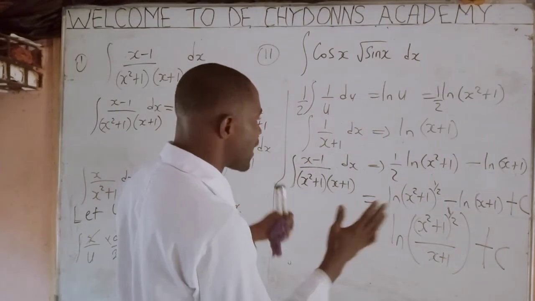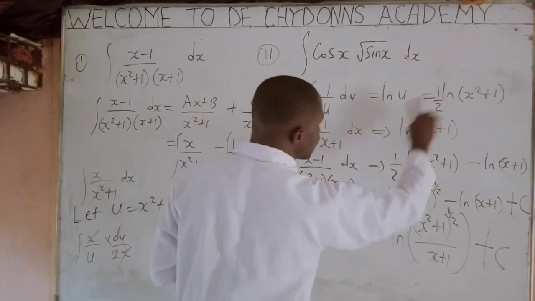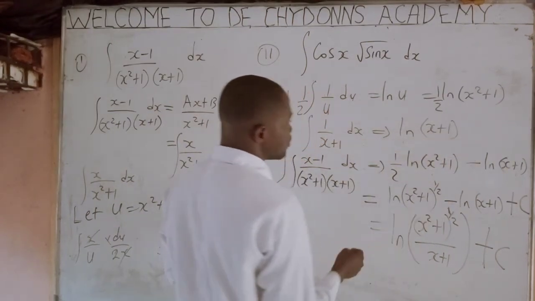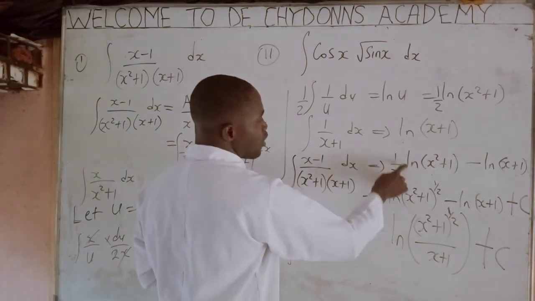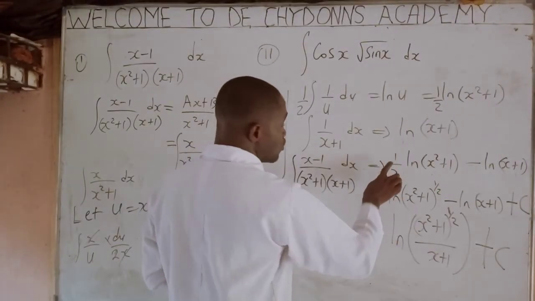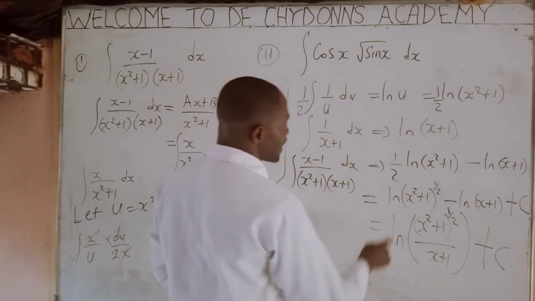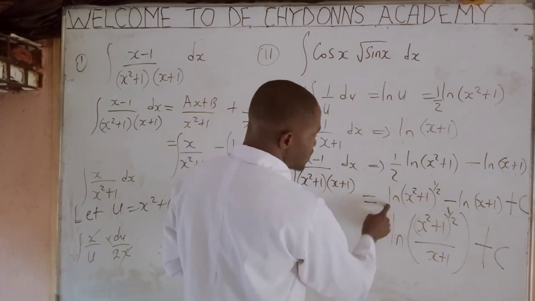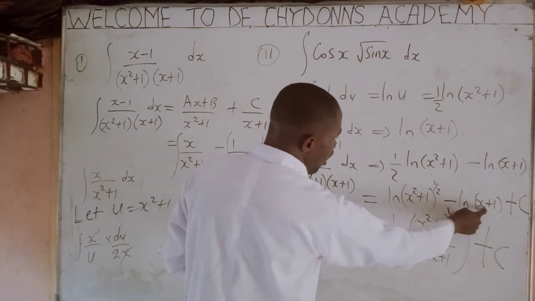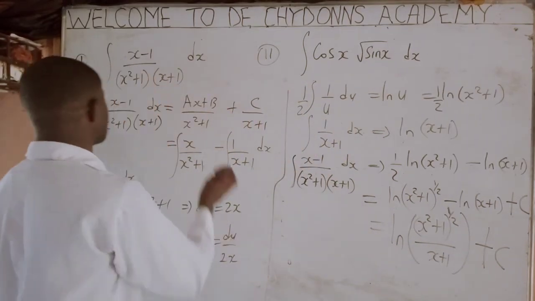So we now start packaging them together. This 1 over 2 will go up as a power. Then minus this. That is from the law of logarithm that we use to shift this to be at the power. Then the subtraction law of logarithm will also go in. Take ln, write this all over this plus c. Then we go to the last question.